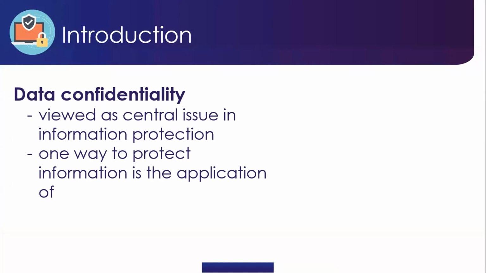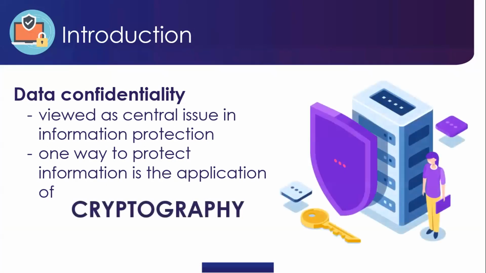Today, one way to protect the information is the application of cryptography. I know you are familiar with cryptography. It turns a file, text, or message into something unreadable, so you cannot read the content of the message.